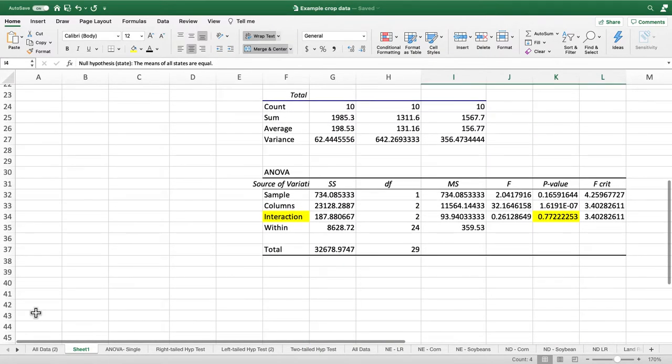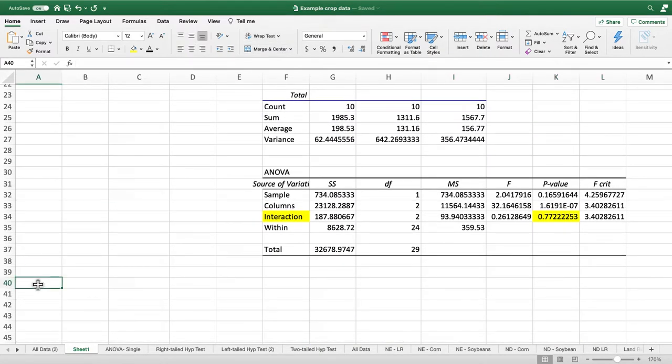We'll start with our state being our factor A. So we'll type in our Tukey-Kramer, and we have to build a table like we did for the one-factor ANOVA. We're going to say factor A, state. We're going to do that same thing. We're going to have Nebraska, North Dakota, South Dakota, Nebraska, and South Dakota.